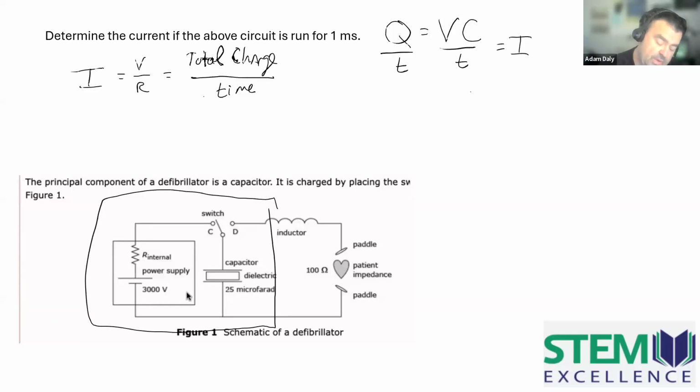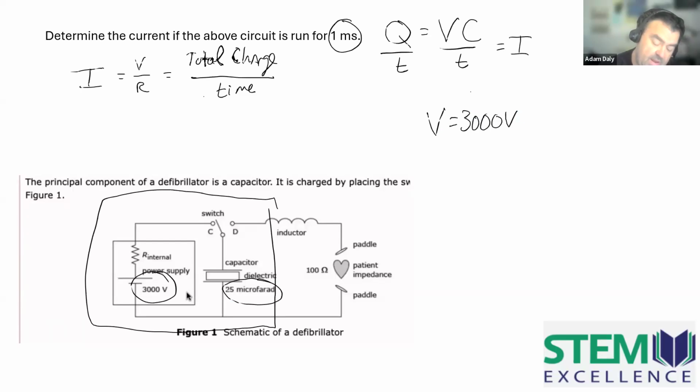Now what we want to know is, how do we put these numbers in? We have 3,000 volts, a capacitance of 25 microfarads, and 1 millisecond. We want to combine all these numbers into a formula. The volts is 3,000 volts.